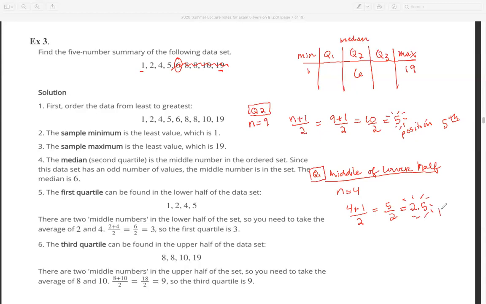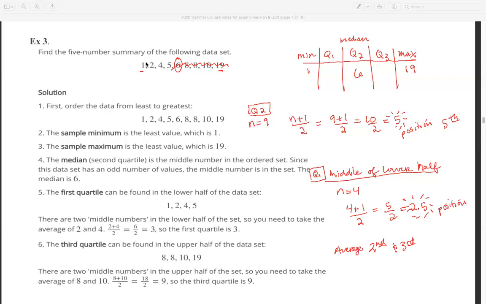There's no 2.5 position. So whenever you're using the position formula and you get a decimal, what you've got to do is use the number that's in the position right below it and right above it. So we're going to use the second number and the third number. And what you're going to do is take the average of those two numbers.